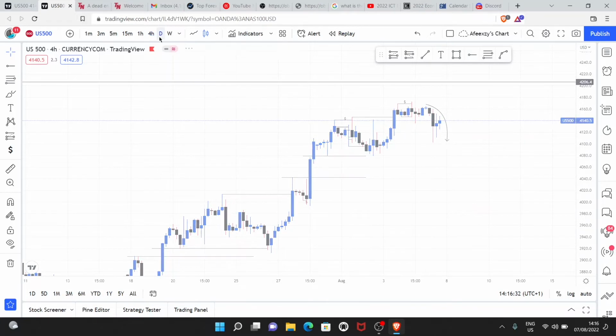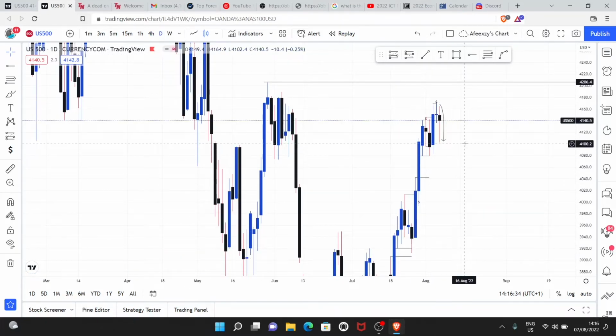Let me go to the daily. We had a bullish week. 1, 2, 3, 4. At first, we pushed lower, clearing out this liquidity, but it created a relative equal lows here. I think this is an equal low. Then we push higher, clearing out this to create this buy side liquidity here. Then dropped and closed here.